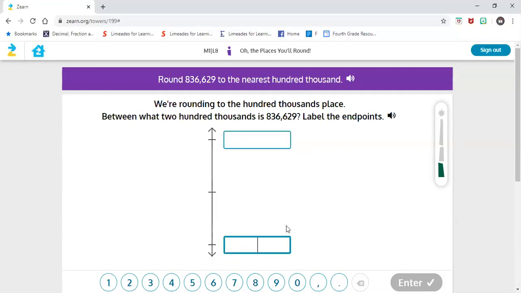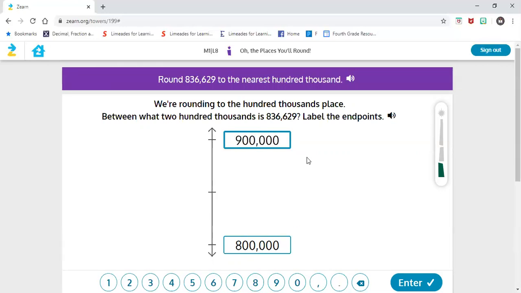So I have an 8 in my 100,000th place. And my 8 has two options. One, it can stay the same. So if my 8 stayed the same, at one end of my vertical line, I would have 800,000. My second choice with that 8 is that it goes up how many? 1. So my second choice, on the other end of my vertical line, would be 900,000.